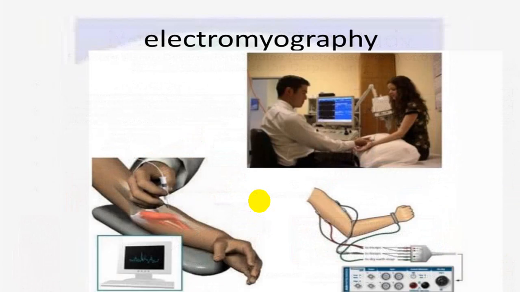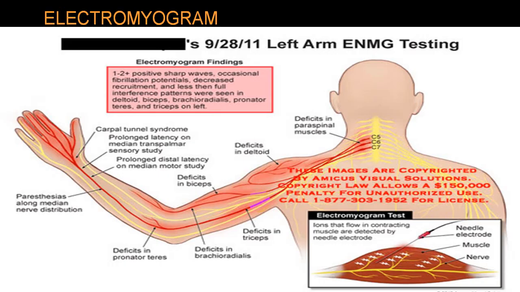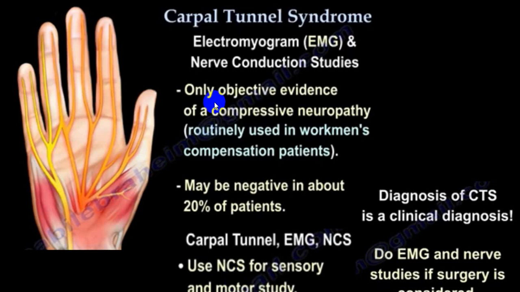So now conduction study and EMG, particularly EMG depending upon which part is involved, right from the cervical region till the tip, should be done. Nerve conduction study is very important.